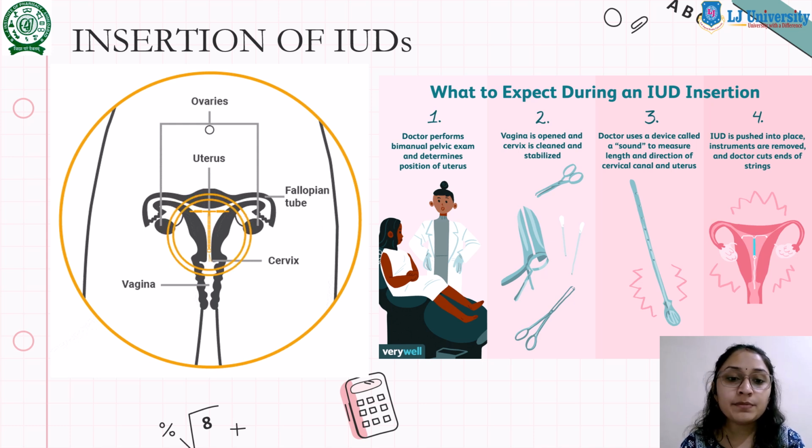At the lowermost portion there is the vagina, above the vagina there is the cervix, and above the cervix there is the uterine cavity, and the whole upper part is known as the uterus. Into the uterine cavity the IUD is administered.